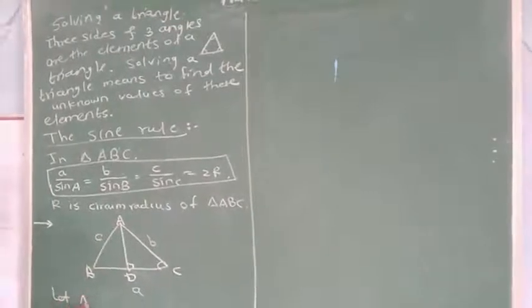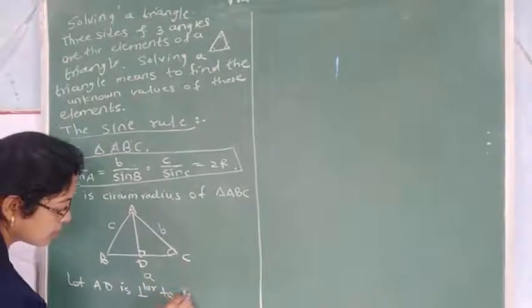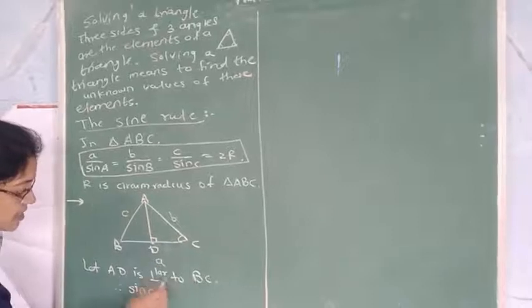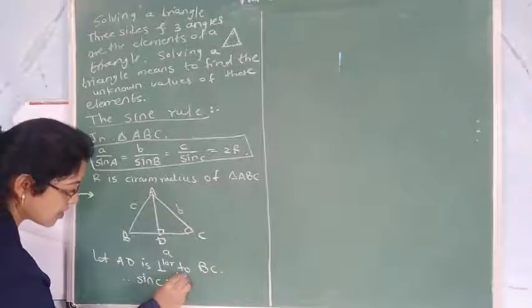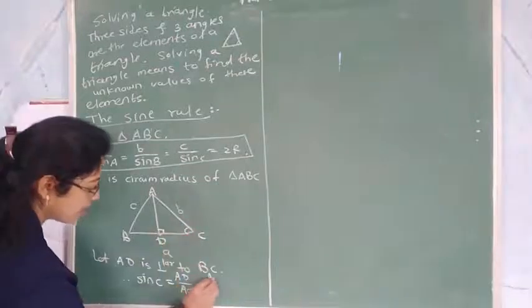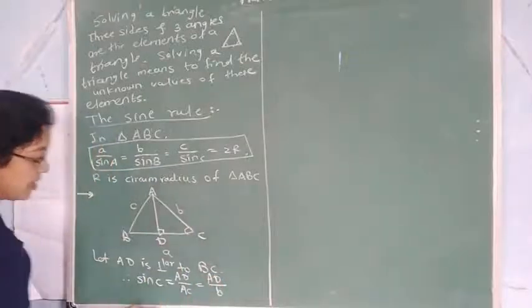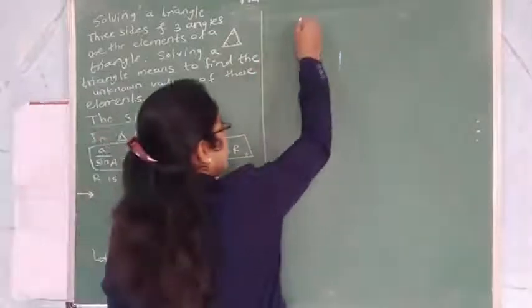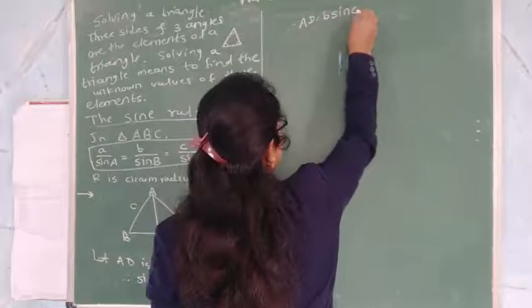Let AD be perpendicular to BC. Therefore sin C is equal to AD upon AC, and the value of AC is b. So AD is equal to b sin C.